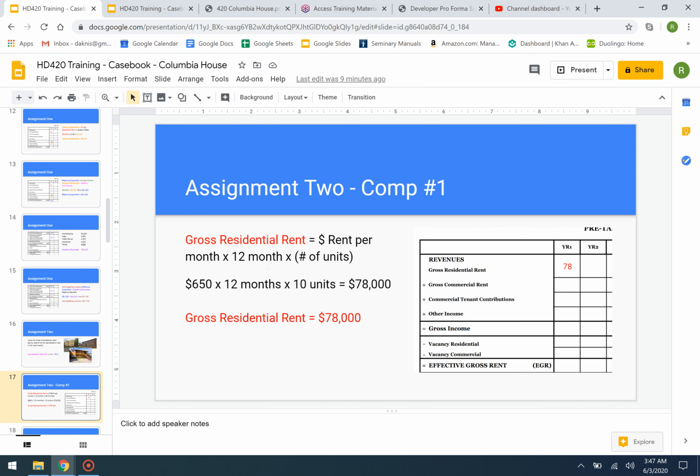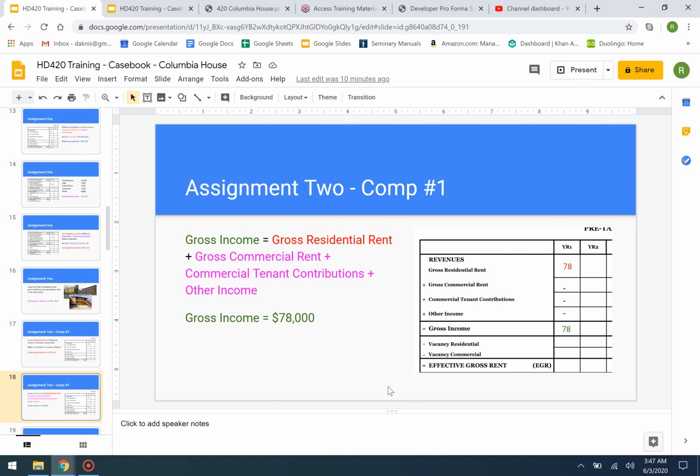So on the first comparable, it's the same thing as before, what we just did on the other NOIs, but we're going to take the rent per month times 12 months to get a year, times the number of units. We have $650 per month times 12 months, for 10 units to get $78,000. We plug that in right there. Same thing, we don't have any commercial, tenant, or other income, so our gross income is $78,000.